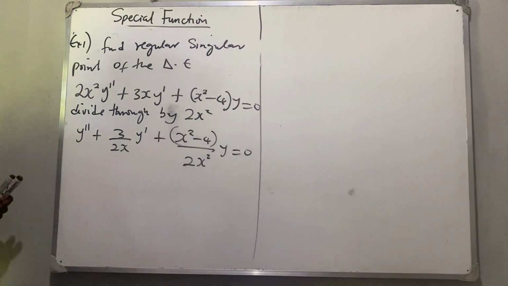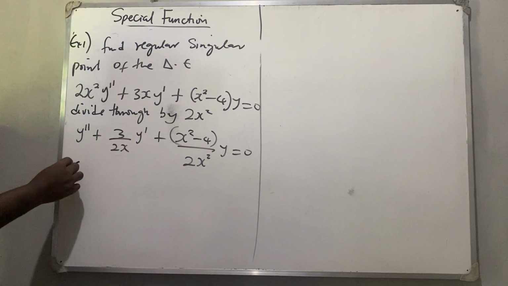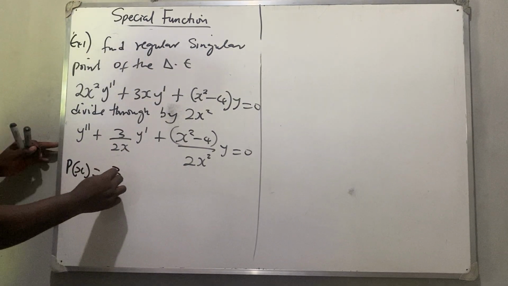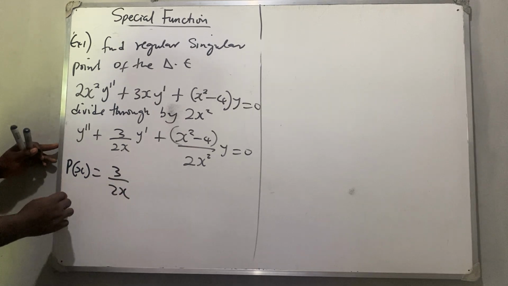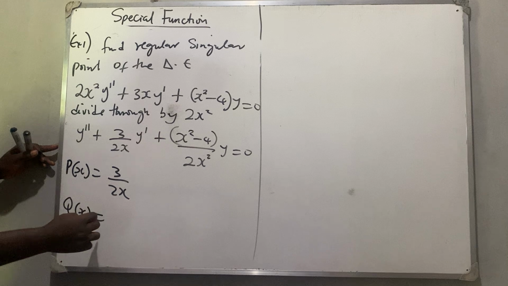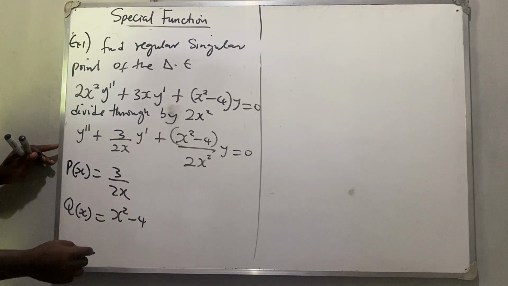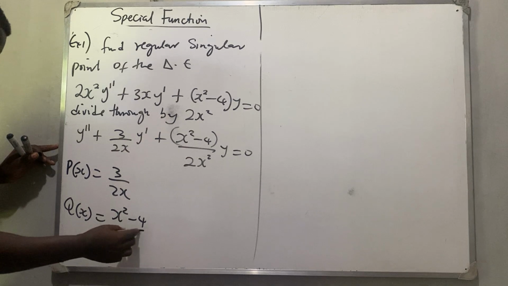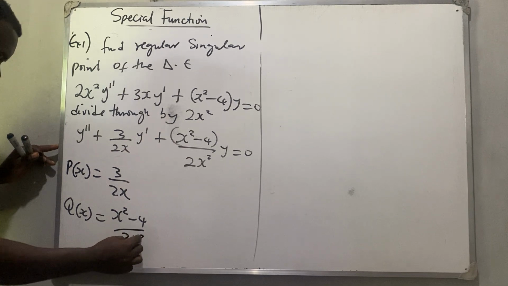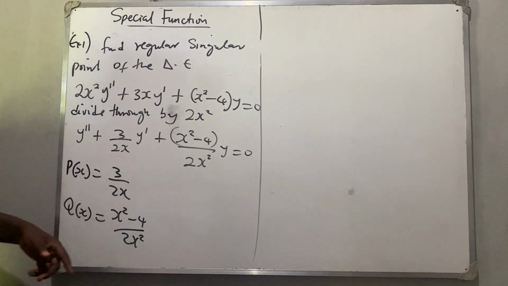Okay, so that means that our P of x will now be equal to 3 over 2x, and then our Q of x will now be equal to (x squared minus 4) over 2x squared. Now obviously at 0, this is not analytic.